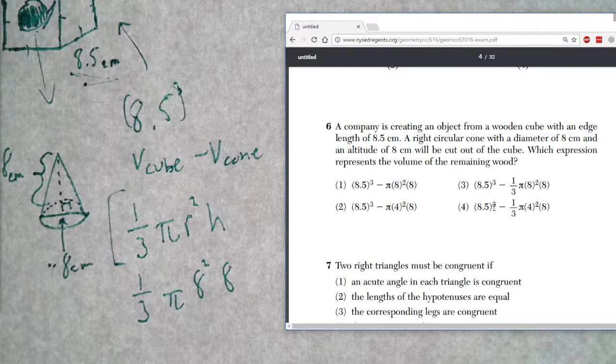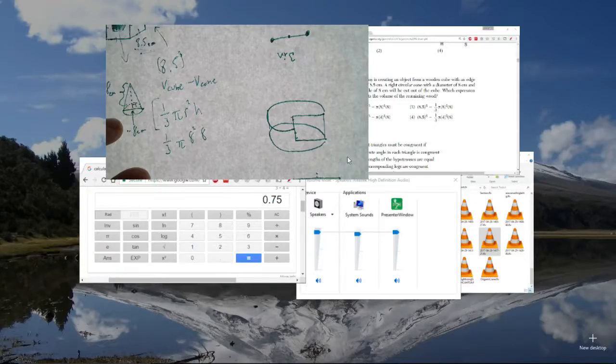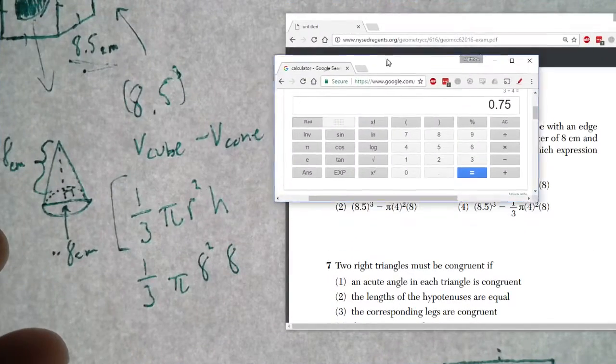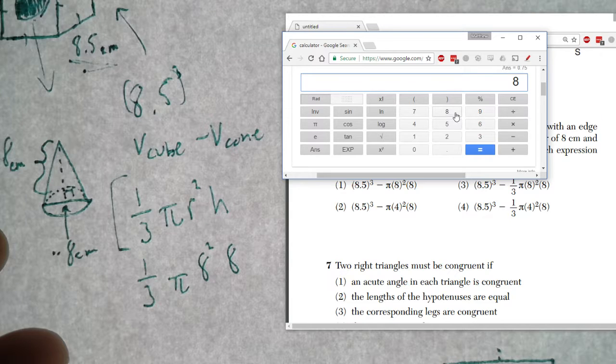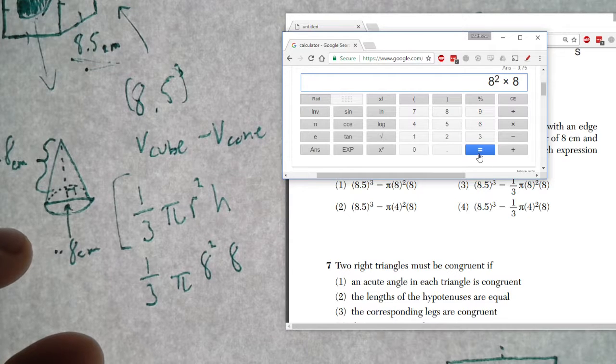What happened to my camera? There we go. I need to get my calculator anyways. So I'm going to get 8 squared times 8.